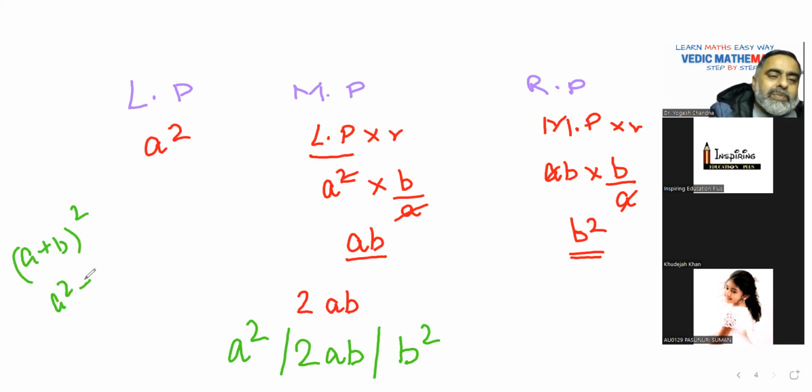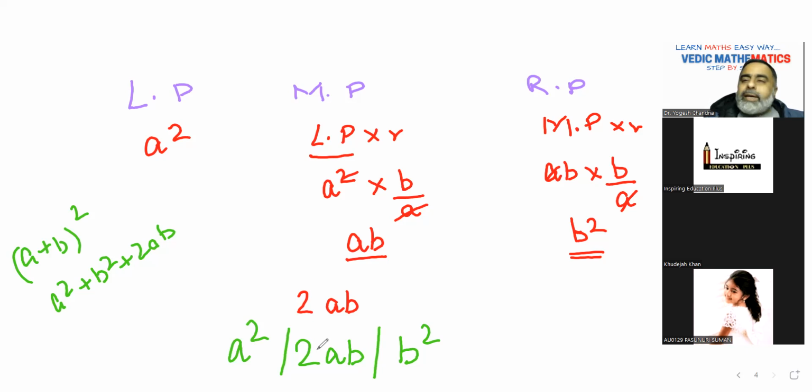A square plus B square plus 2AB. But here you have to be very careful. This should be the only format. You cannot shift B square in the middle and 2AB at the last. No. A square, 2AB and B square is what you have to remember. And as per the definition, if you start from A, finding the square of the first digit, and move in progression with the ratio, then you will get the square of the second digit.